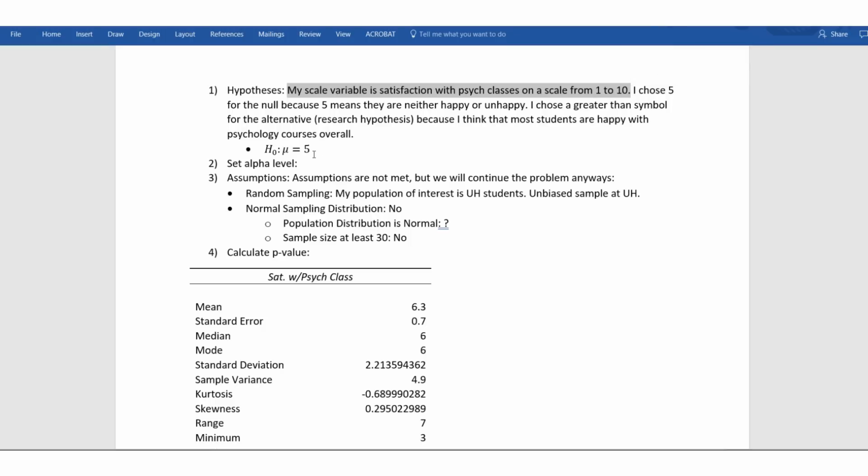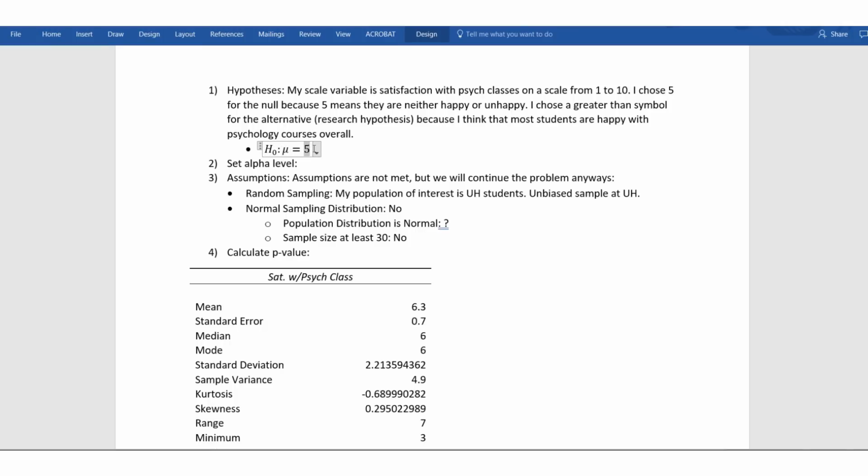And then you want to write your null and then your alternative. So I have the null written here already. And I chose it to be equal to 5. So we have our null hypothesis, and then mu, you're going to have mu equals, and then you're going to have some number.